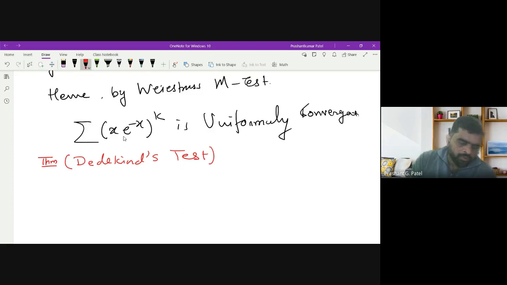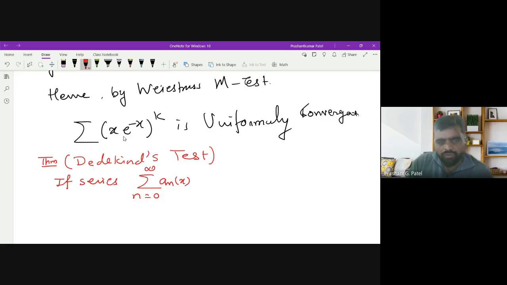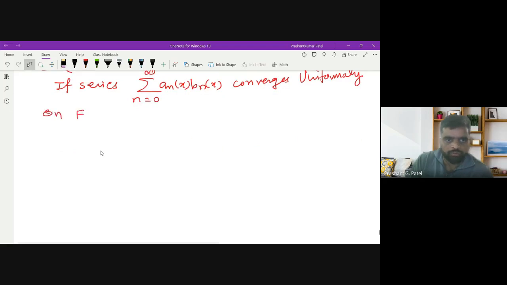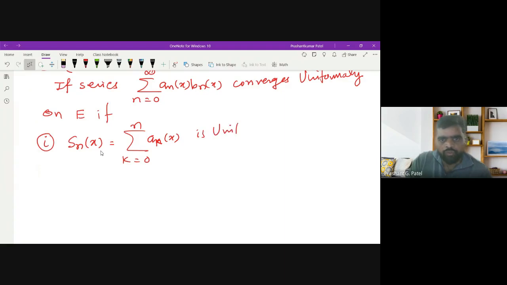So this Dedekind test tells you this: the series summation of an of x into bn of x, where an of x is a sequence of functions, converges uniformly on E if, first, Sn of x, the partial sum of ak of x, is uniformly bounded on E. What do you mean by uniformly bounded?